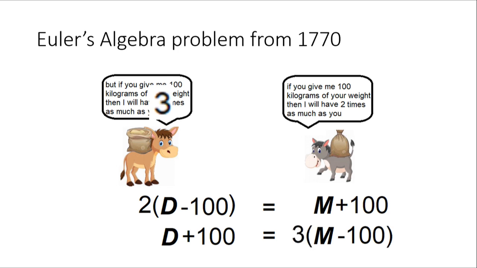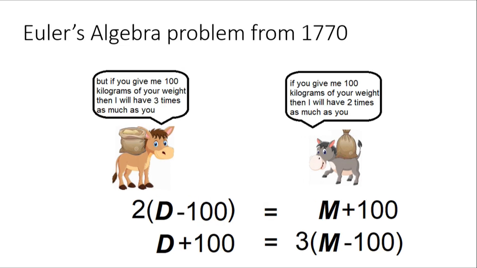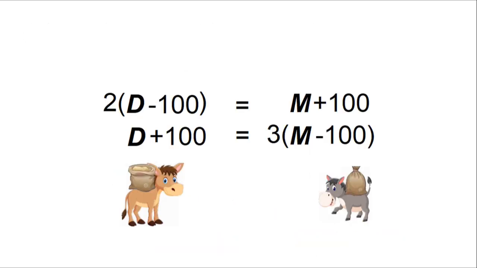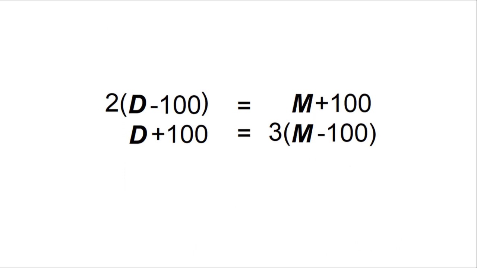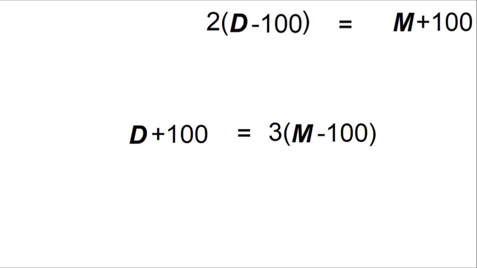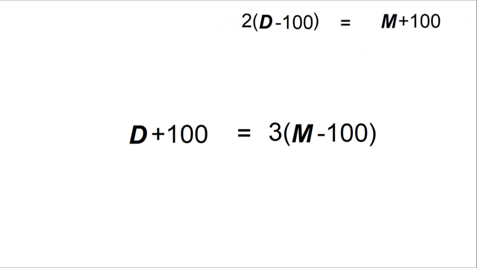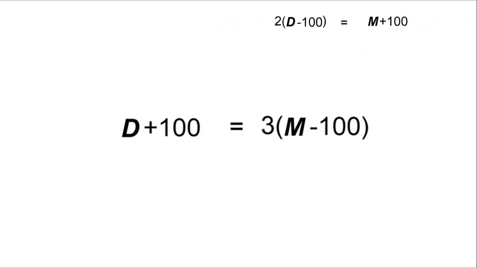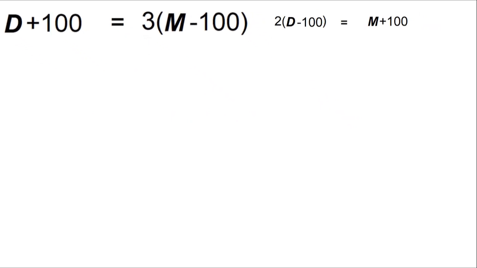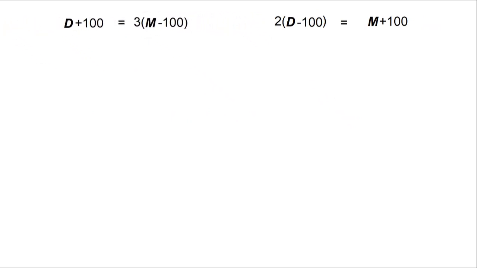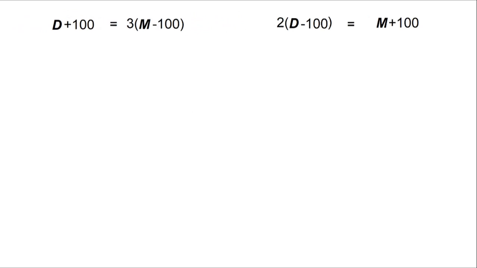So we times the mule by 3. And then we have 2 equations. Now that we have the equations, we can perform some algebra on them and figure out the donkey's weight and the mule's weight.